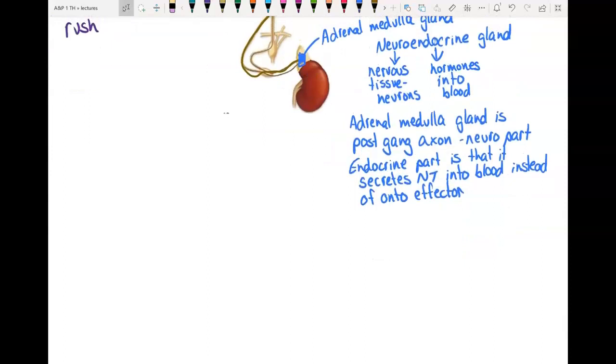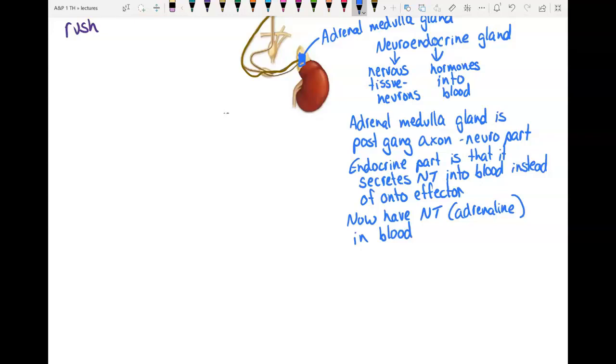So now you have neurotransmitter, adrenaline, in your blood. This is the adrenaline rush.